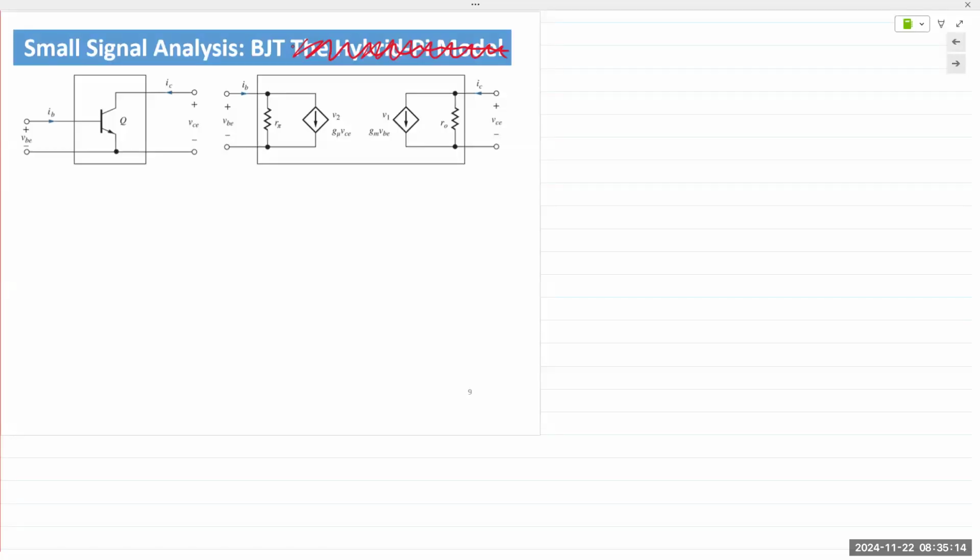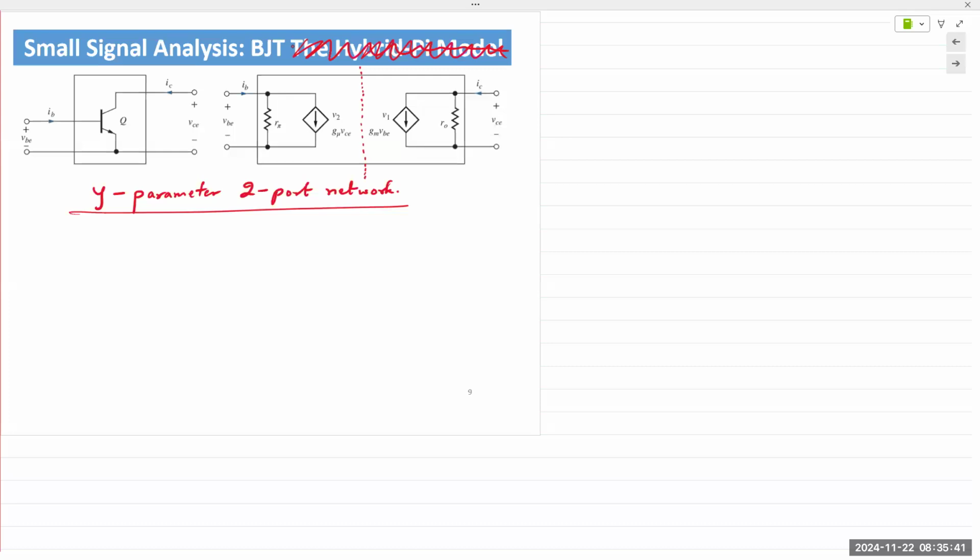And we are separating out the input side and the output side. This is a Y parameter two-port network.